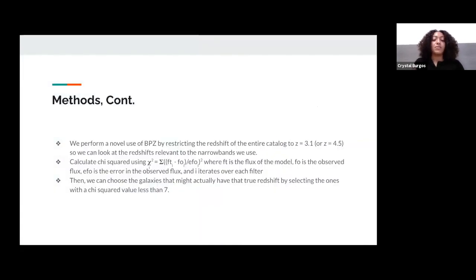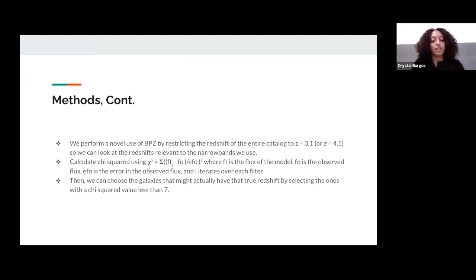So how exactly do we use it to identify LAEs? Well, we're going to use it in a completely different way. We used BPZ in a way where we restricted the redshift of the entire catalog to z equals 3.1. So we basically told BPZ, okay, pretend that every galaxy in this catalog has a redshift of 3.1.